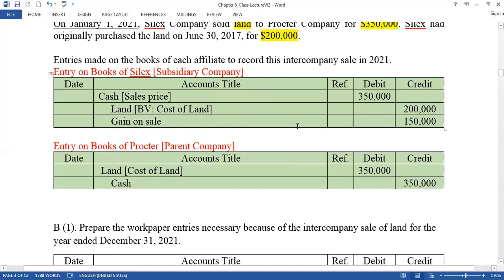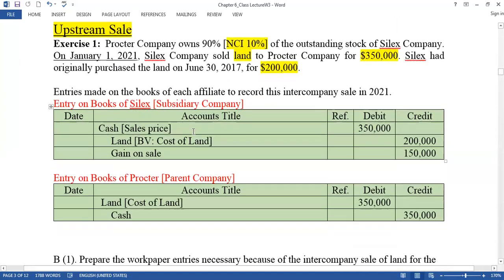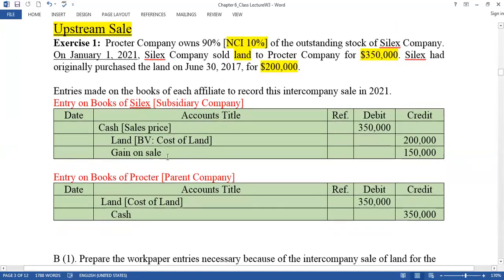Now this is not our business for this question. In the question, the subsidiary company records a gain. So when we prepare the consolidated financial statement, we need to eliminate this gain.